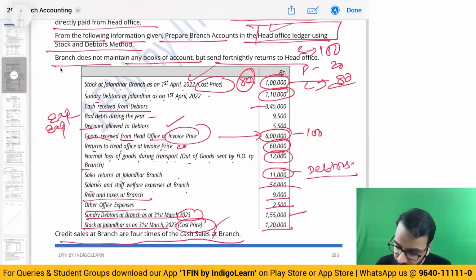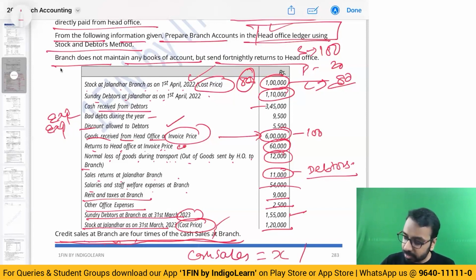So they have not told us how much is the sales. We have to compute the sales by using this: credit sales at branch are 4 times of cash sales. So whatever the cash sales, if cash sales is X, credit sales will be 4X. Okay.